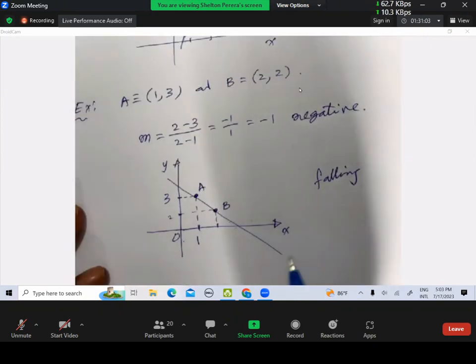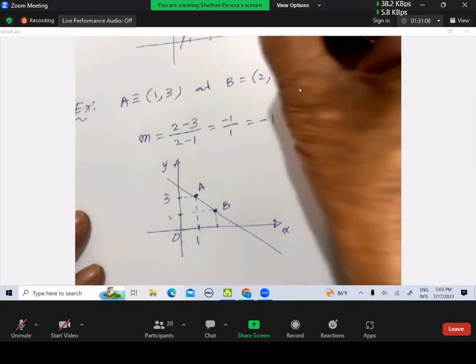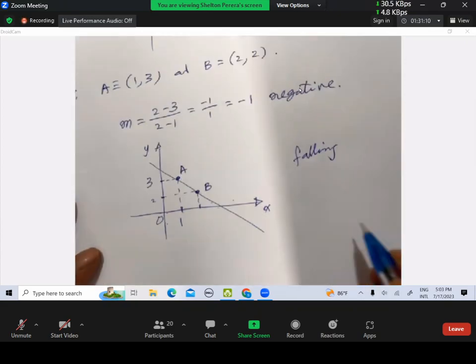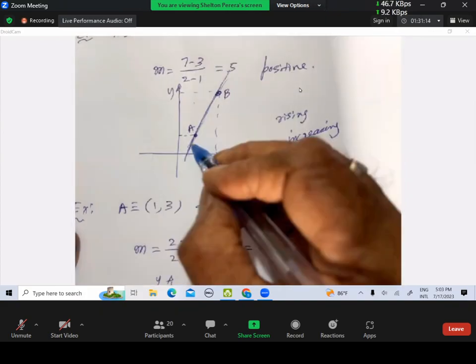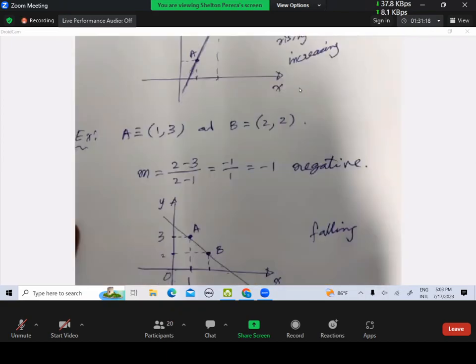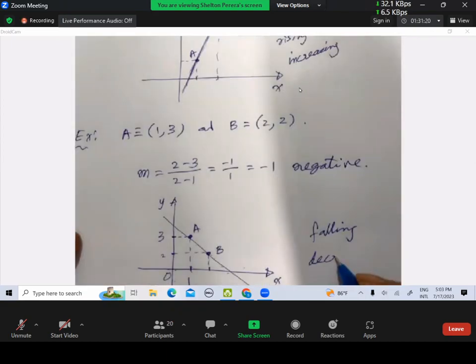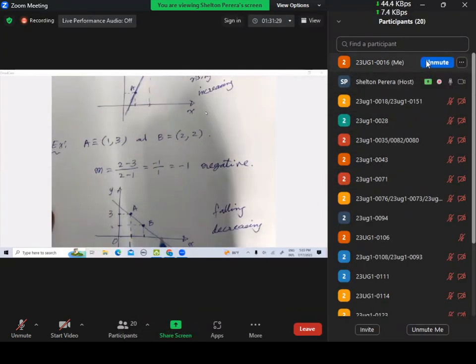When we say increasing, what is increasing? Y is increasing as x increases. As x increases, y also increases. Here, decreasing. As x increases, y coordinate decreases, gets smaller.